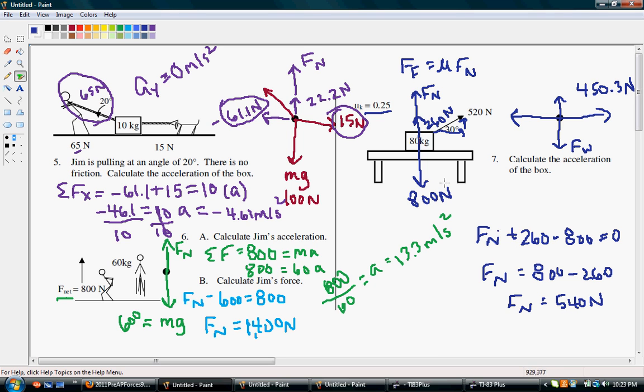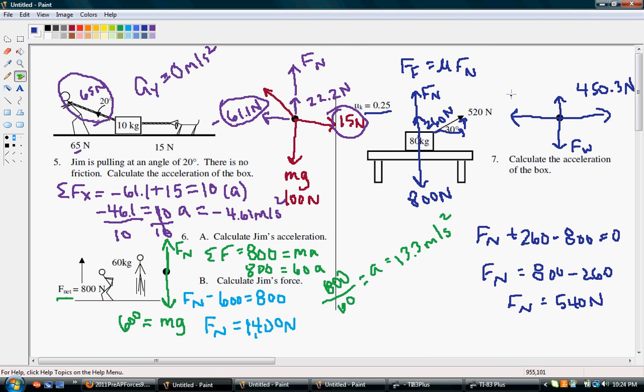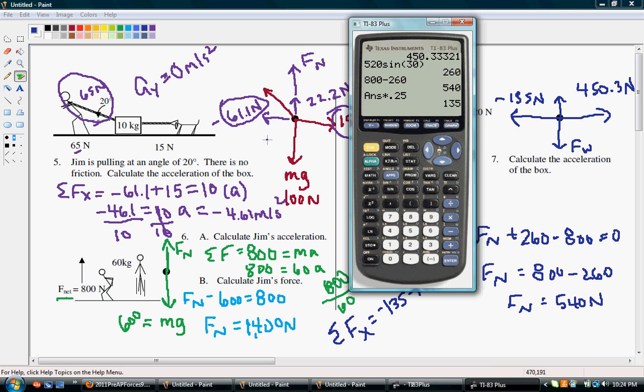Alright, now we can use that normal force to calculate our frictional force. So 540 times the coefficient of friction, which was 0.25, is 135 newtons. So I know that I have a frictional force of 135 newtons to the left. Alright, so to find the sum of my forces in the x direction so that I can calculate acceleration, I'm going to say, okay, I have negative 135, because I have that much going to the left, plus 450.3, and that all equals 315.3.